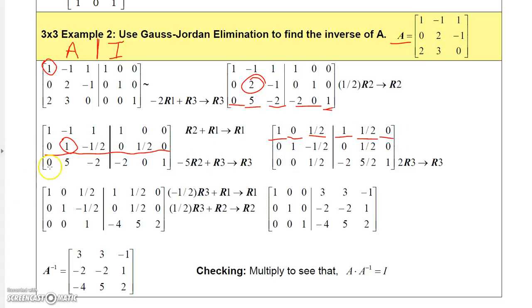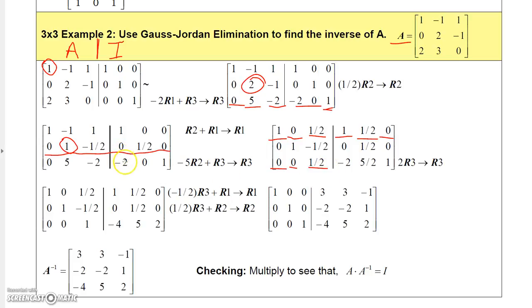Now to get rid of the 5, I need to multiply row 2 by negative 5 and add it to row 3. So let's do that. Negative 5 times 0 plus 0 is 0. Negative 5 times 1 is negative 5, plus 5 is 0. Negative 5 times negative 1/2 is 5 halves. 5 halves minus 2 would be 5 halves minus 4 halves, which is 1/2.